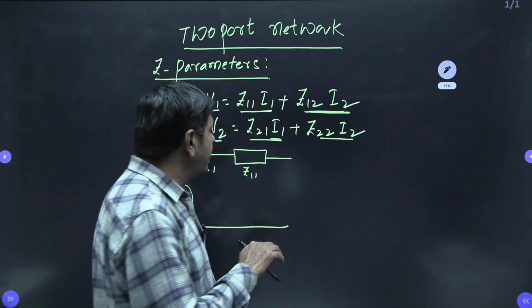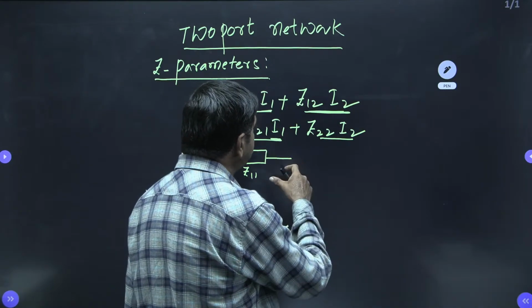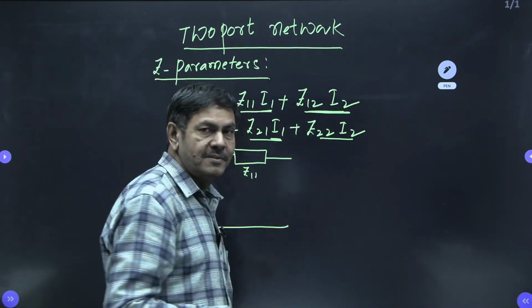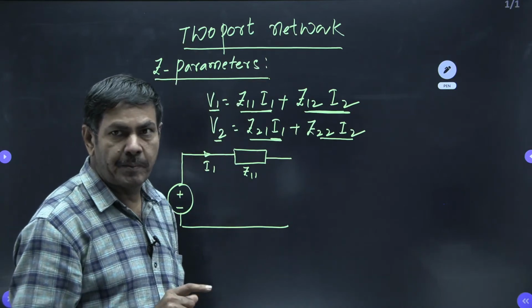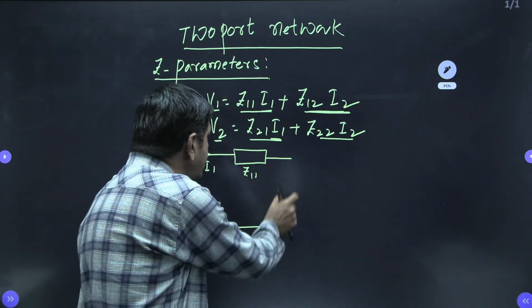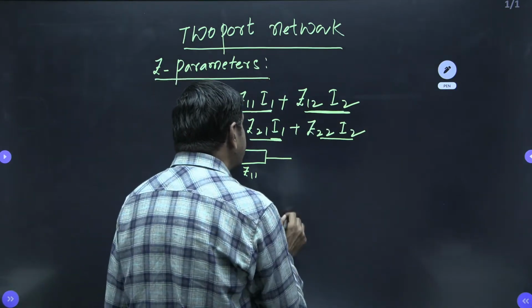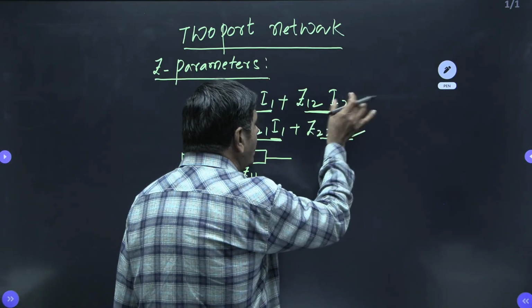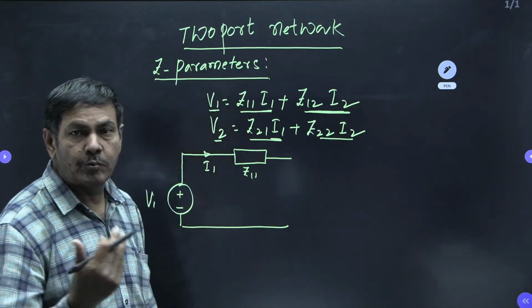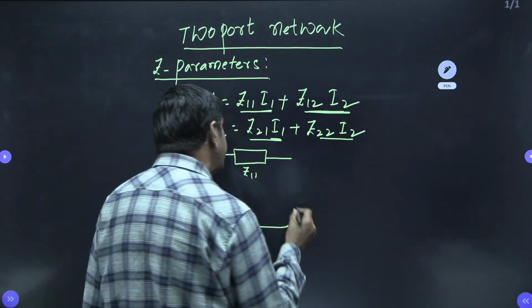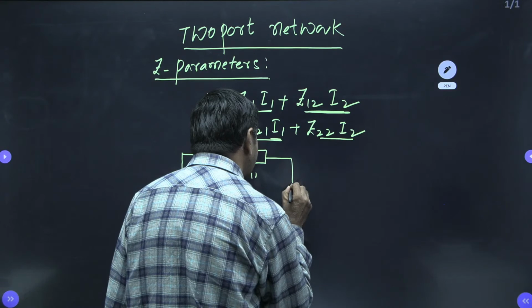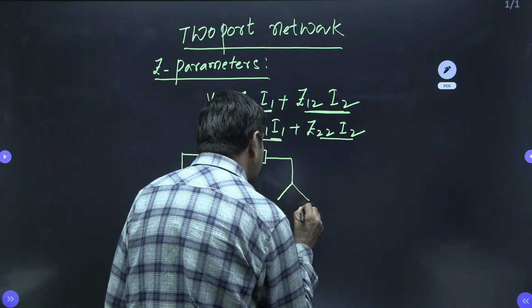But in the input circuit, we need to arrange that I2. By using the output parameter, we need to get this voltage, Z12 into I2. So this element is dependent upon the output current only. Depends means one dependent source I can connect. Is it a voltage source or current source?